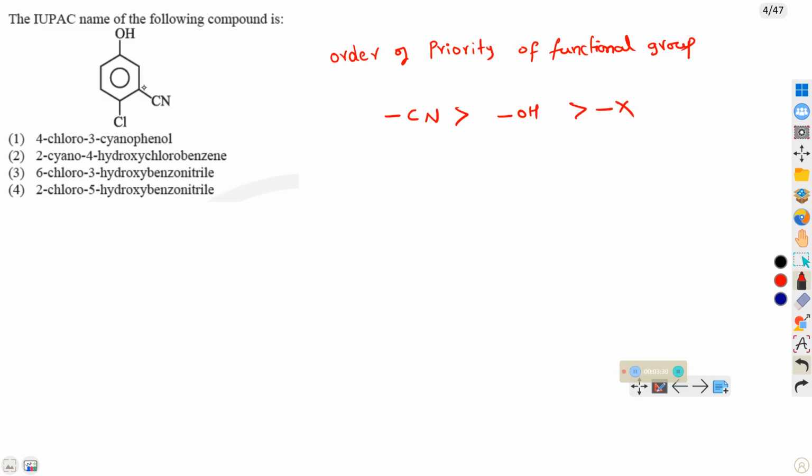So here cyanide is the high priority group. Numbering 1, 2, 3, 4, 5: second position chlorine is present, fifth position hydroxy group is present. So 2-chloro-5-hydroxybenzonitrile.